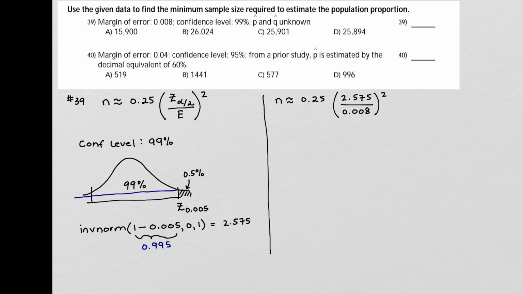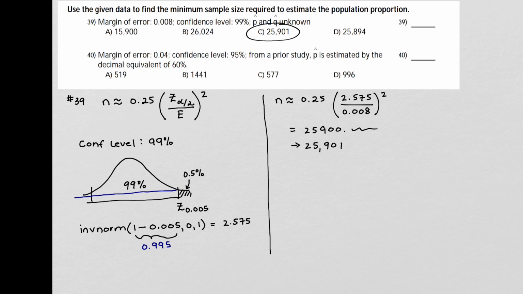And we square that, and we get 25,900 and some decimal. And we are just going to go up to the next higher integer, which is 25,901. And that is our answer for 39.